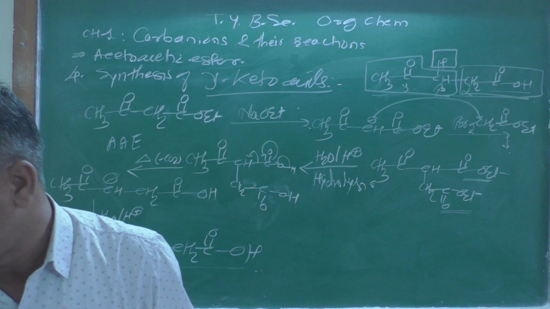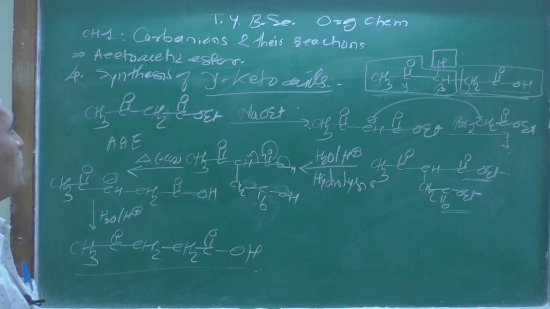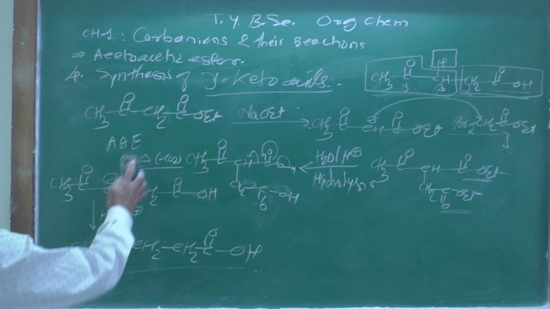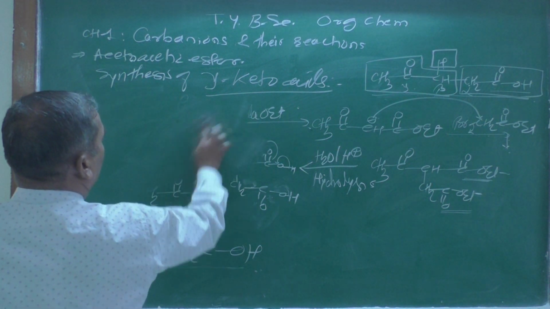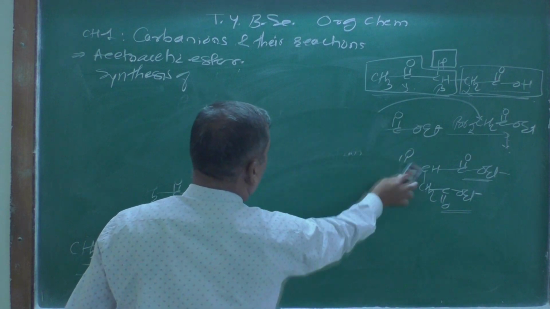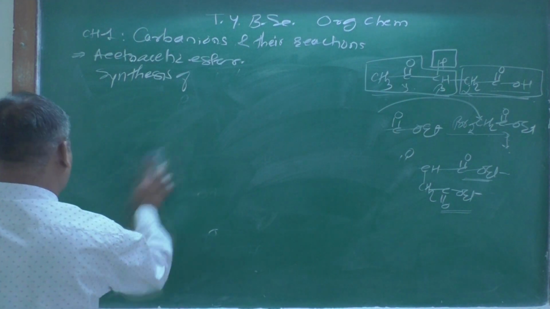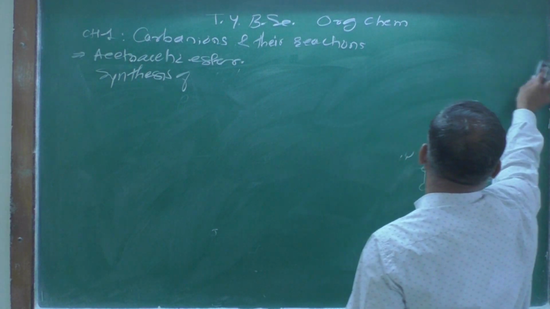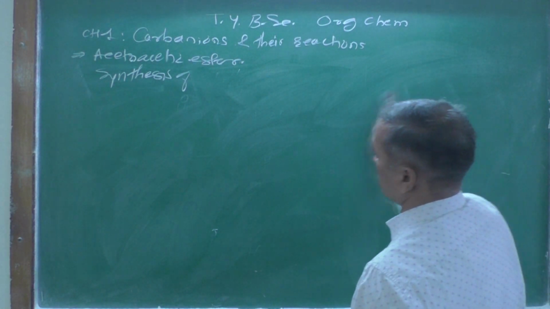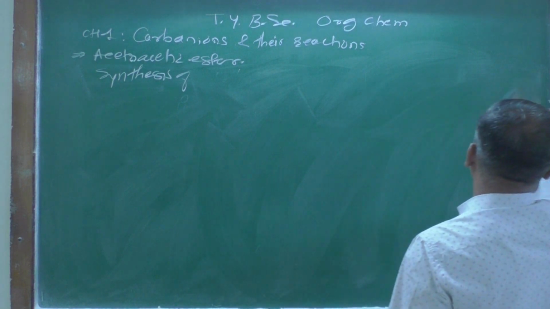Now let us move on to the next point. What is the next, fifth point? We are going to synthesize, let me clean the board first. Then what we are going to synthesize over here.